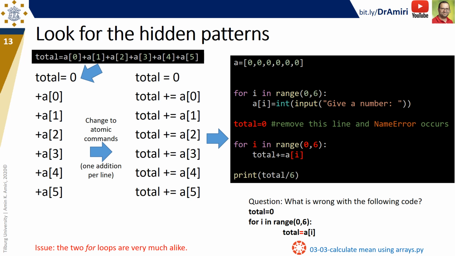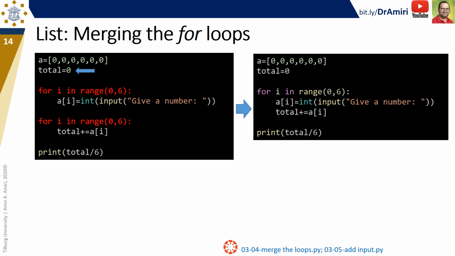You see here that we still have a kind of pattern. We have two for loops that look similar to one another. So what we can do here is that total equal to 0 can be put anywhere in the code, anywhere before the second for loop where we need it.